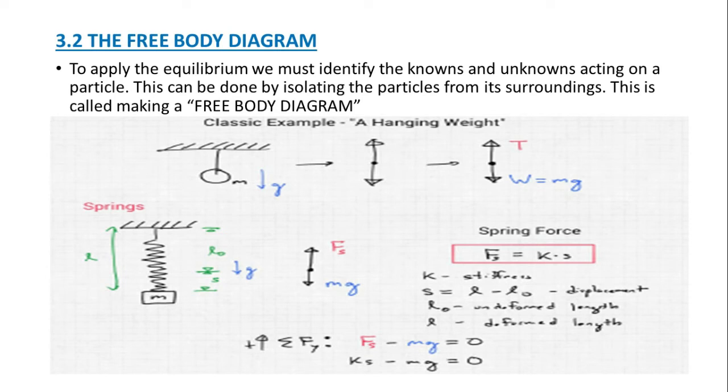So how could we do it? This can be done by isolating the particle from its surroundings. This is called making a free body diagram. So you have to be very careful when you are drawing these free body diagrams. Like you can see below, there is a classical example of a body with a hanging weight.